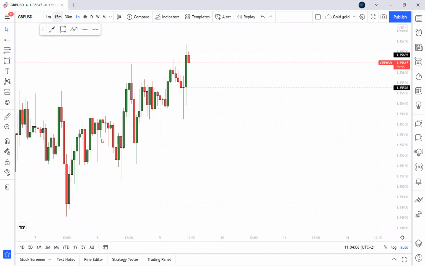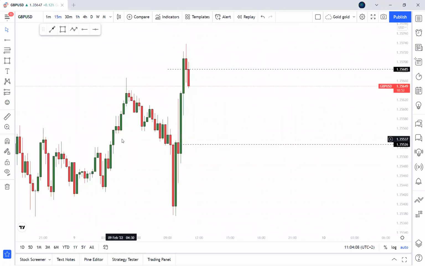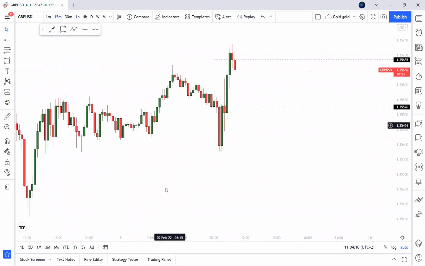If we go on the 30-minute time frame, we can see that price opened exactly right here, both on the 30-minute time frame and the 1 hour time frame, right? And it created this lower wick that we discussed, right? And this is the body of the candle, both on the 30-minute time frame and the 1 hour time frame, right?